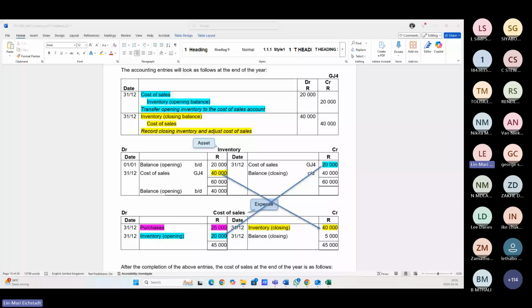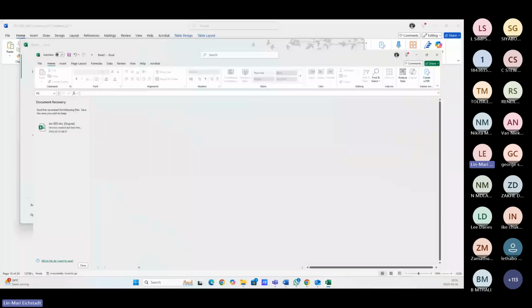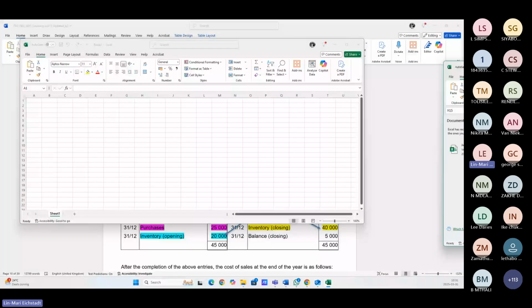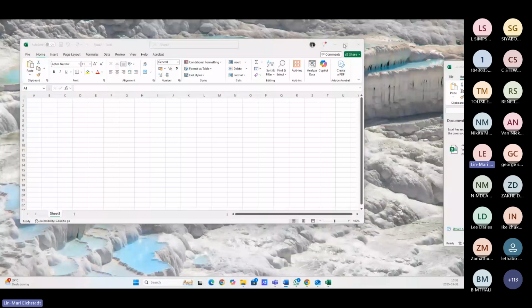So I will try to do this example again, so that we also get to the perpetual inventory system. Let me see if I do it in Excel, if this will help. And after we've done one example, maybe you guys can say whether it works or it doesn't work, or if it helps you or doesn't help you. Okay, so let's do a trial.